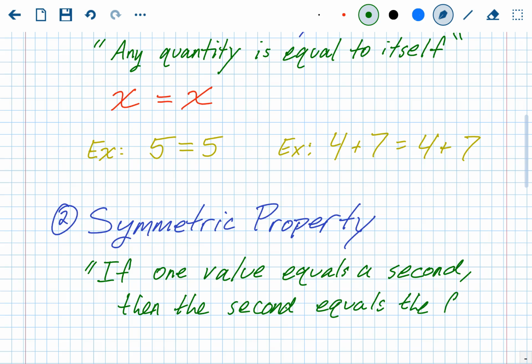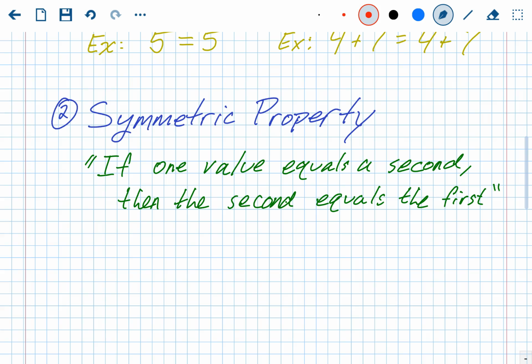You might see this one written: if A equals B, then B equals A. Okay. If left equals right, right equals left.